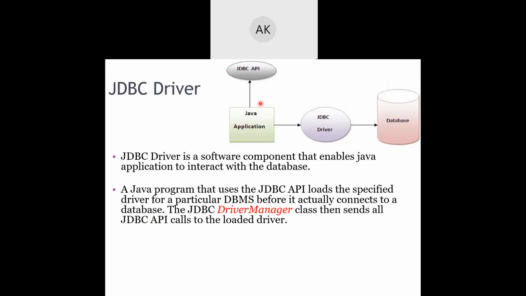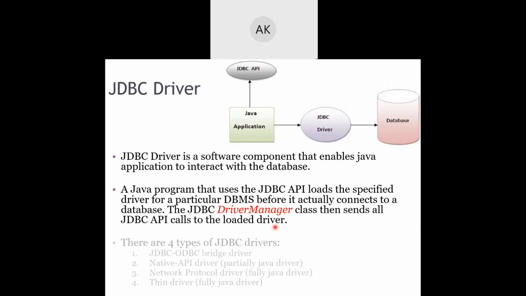This driver will be loaded through the JDBC API, and the loaded driver will be meant for a specific DBMS, so that translation can be done easily. The JDBC driver manager class then sends all the JDBC API calls to the loaded driver.